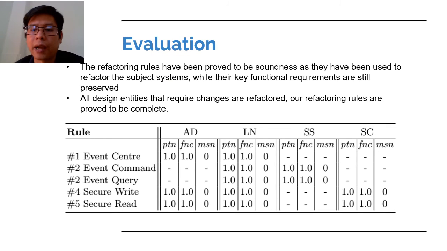We have conducted evaluation on 4 different software systems. Based on our results, the refactoring rules have been proved to be sound, as the system design has been refactored, all key functionalities are still preserved. And all design entities that require changes are refactored, so our refactoring rules are proved to be complete too.